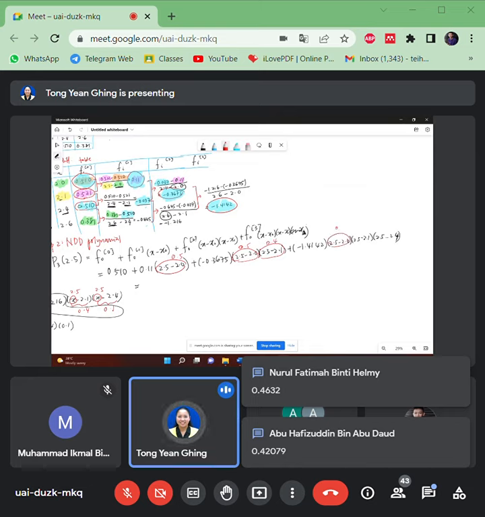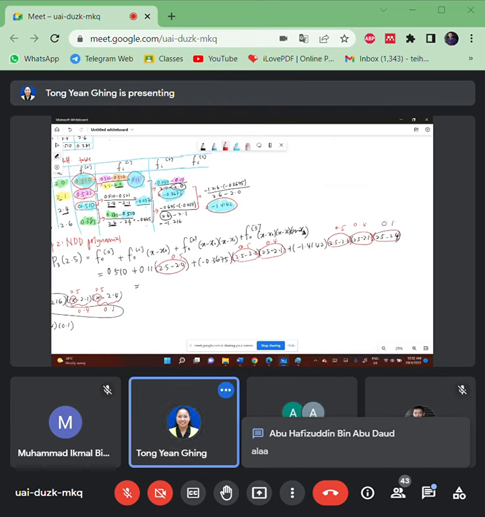So ini 0.5 times with 0.4. This is 0.1. So dapat berapa? So 0.510 plus 0.11 times 0.5 plus negative 0.3675 times 0.5 times 0.4 plus negative 1.4142 times 0.5 times 0.4 times 0.1. Dapat berapa? Calculator. Dapat apa?